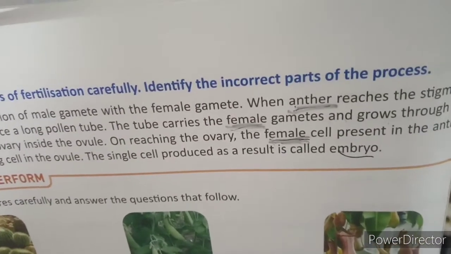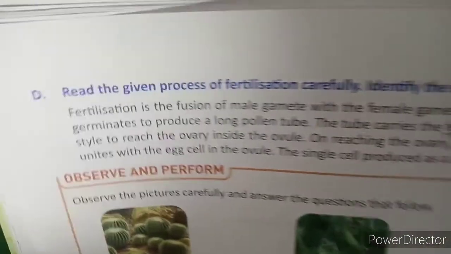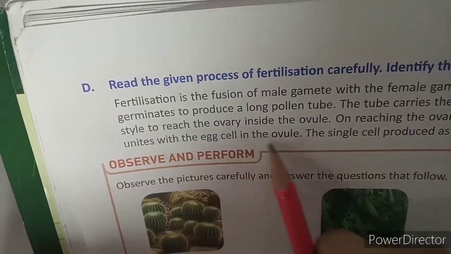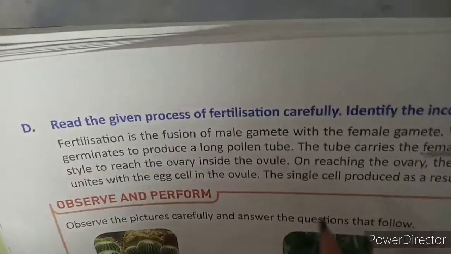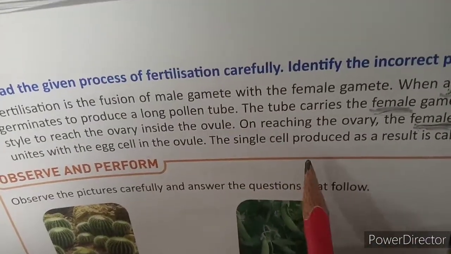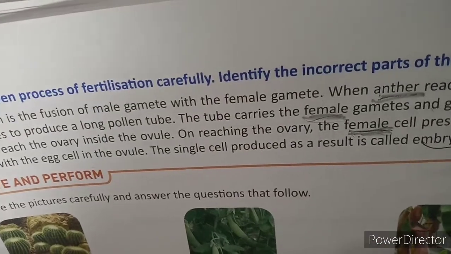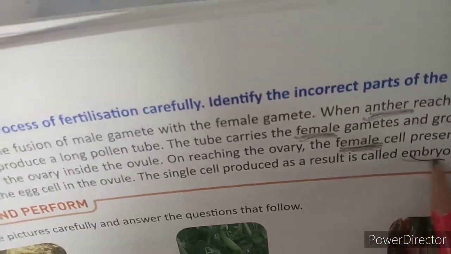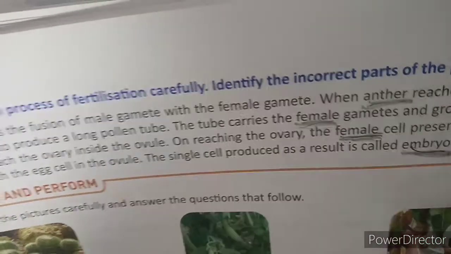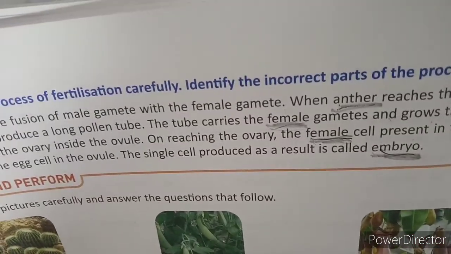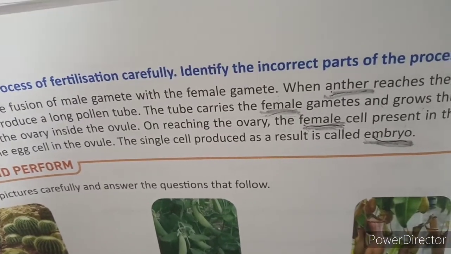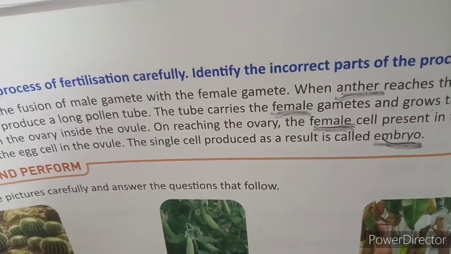So male cell present in the anther unites with the egg cell in the ovule. The single cell produced as a result is called embryo. So mark the embryo word, and here you have to write, instead of embryo, zygote. What will you write? Zygote.